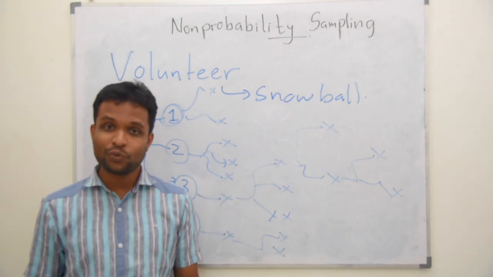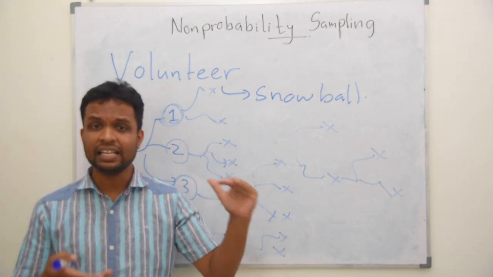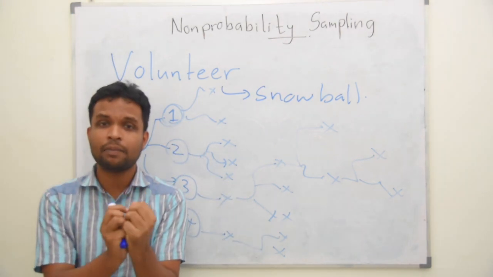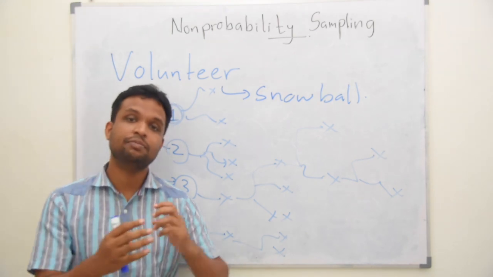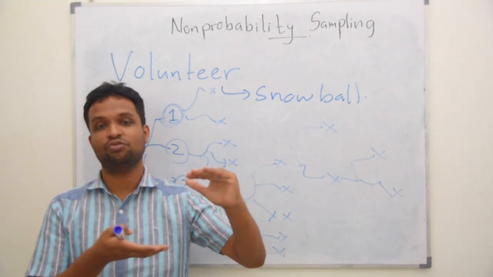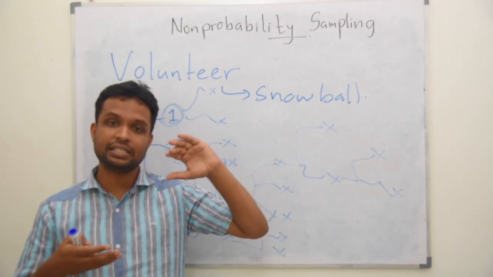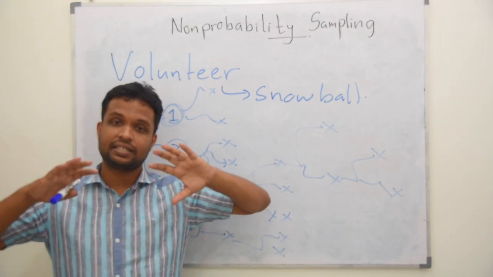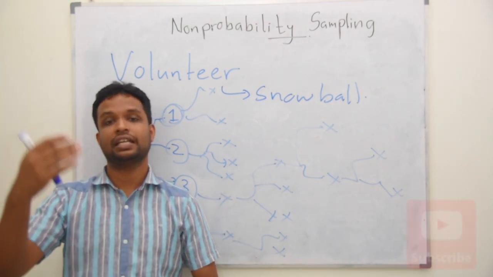In such a case, we can calculate the minimal sample size and go on until the minimal sample size is achieved using the snowball sampling technique. As the minimal sample is there, there's some degree of possibility of generalizing.